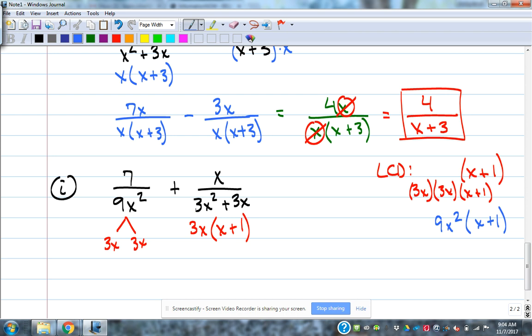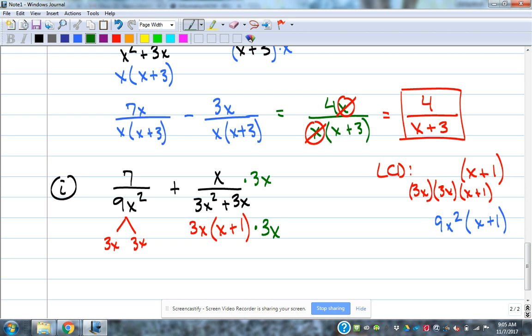What does the second fraction need to turn this into a 9x squared? It needs a 3 to turn that into a 9, and it needs another x to turn that into x squared. So the top needs that as well. What does this fraction need to get that common denominator?